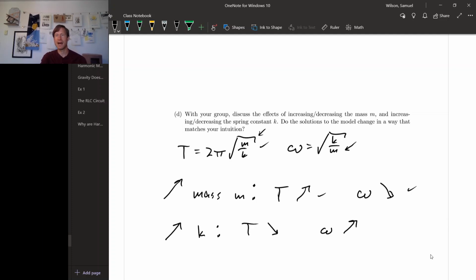And indeed, that is what happens. Since k is in the numerator for omega, when you increase k, omega increases. And since k is in the denominator for the period, when you increase k, the period decreases. So both of these check out as well. Of course, if you weaken your spring by decreasing k, the opposite happens. The period gets bigger and the angular speed gets smaller.